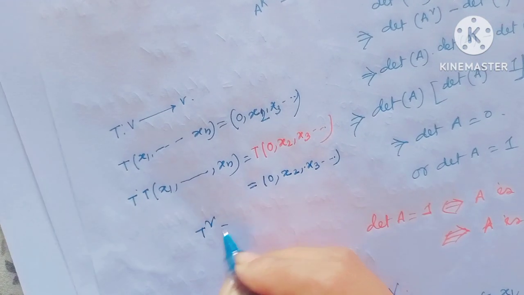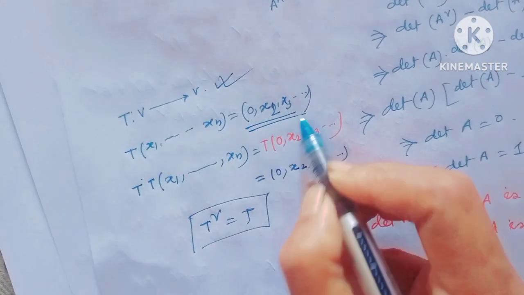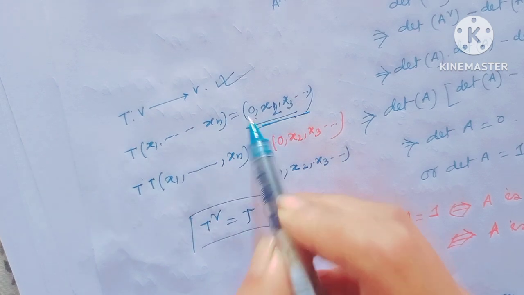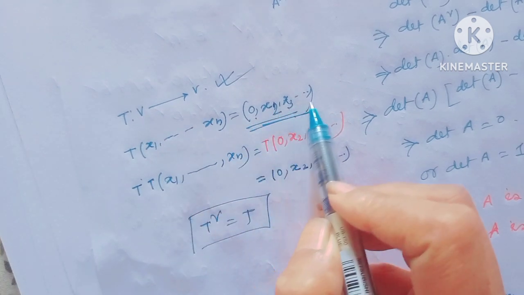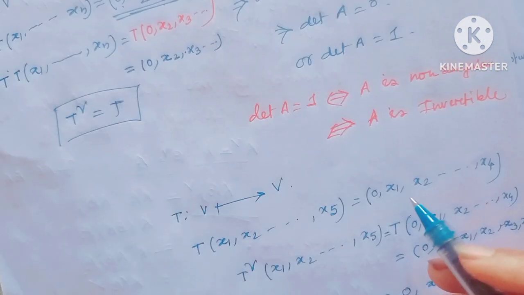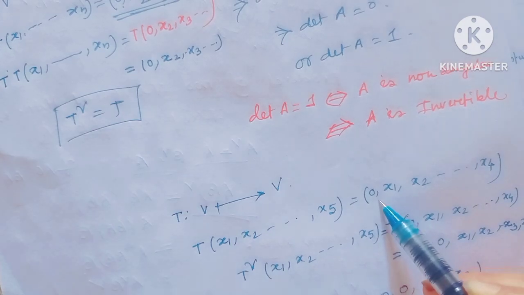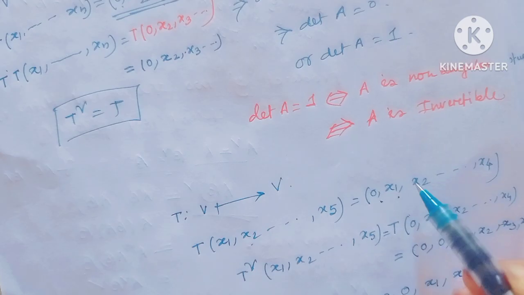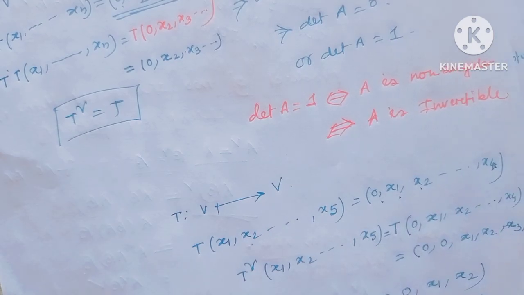That means T square equals T. So this operator is idempotent: x1 is replaced by 0 and after that it is x2, x3 and so on. And the other operator is nilpotent: x1 replaced by 0, x2 replaced by x1, x3 replaced by x2 and so on, x5 replaced by x4. So this operator is nilpotent.